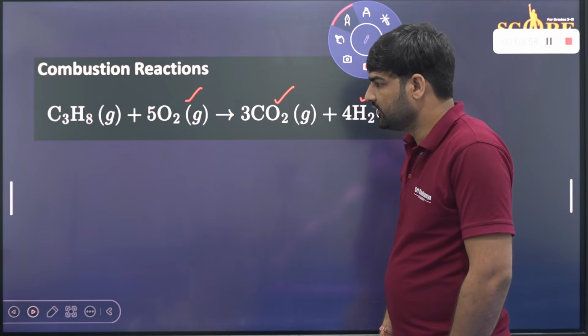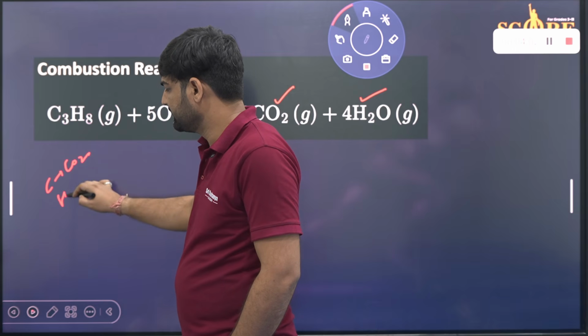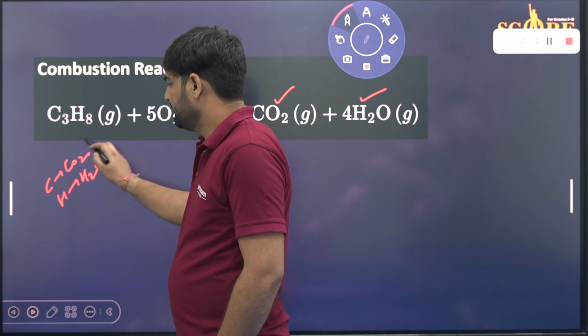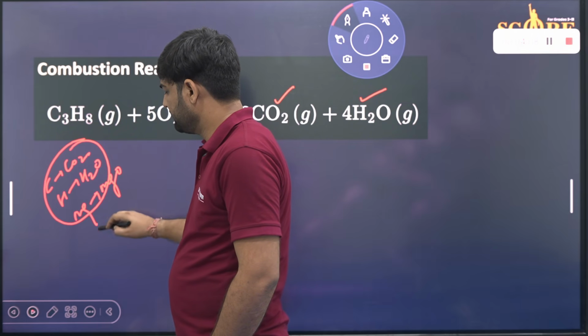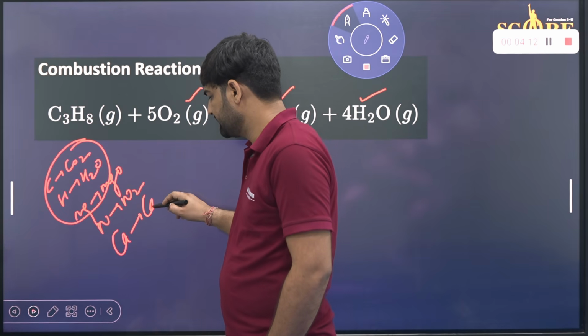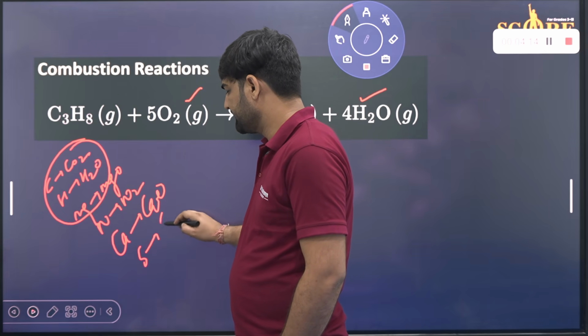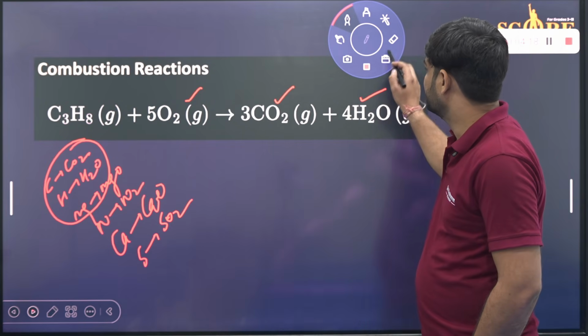During combustion, the following changes occur: carbon converts into CO2, hydrogen converts into H2O, magnesium if present converts into MgO, nitrogen if present converts into N2, calcium if present converts into CaO, and sulfur if present converts into SO2.